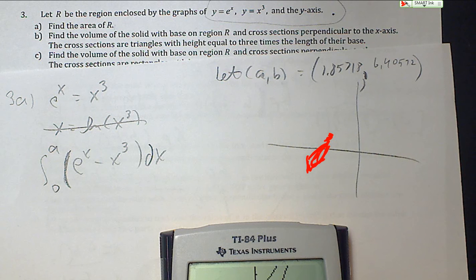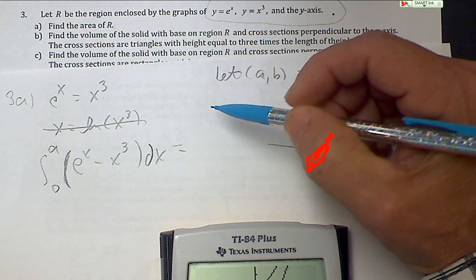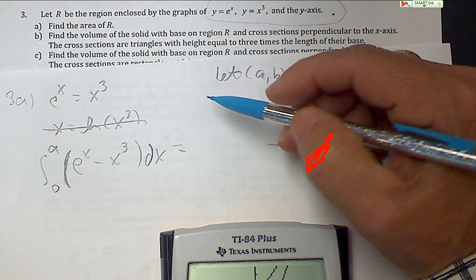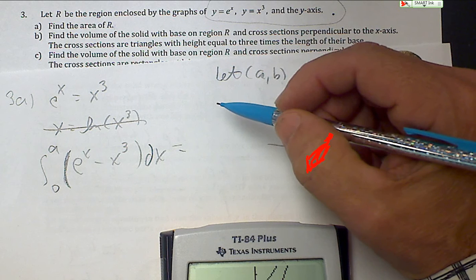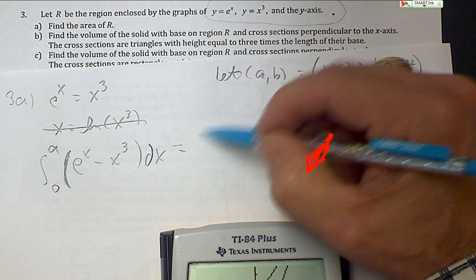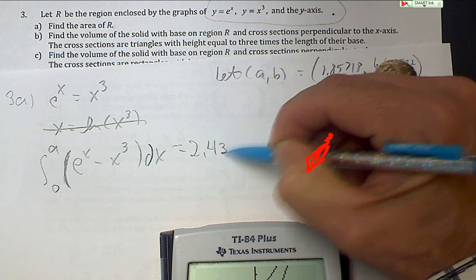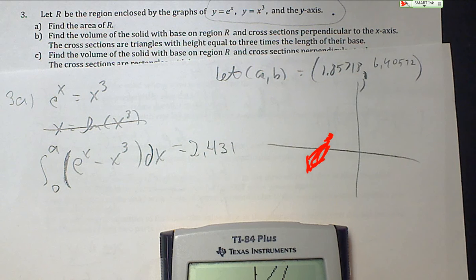All right, tell me what you'll get as an answer. Alex, you get an answer? What'd you get? 2.431. 2.431. Yes. Do y'all agree? Mm-hmm. Yes, Elena?